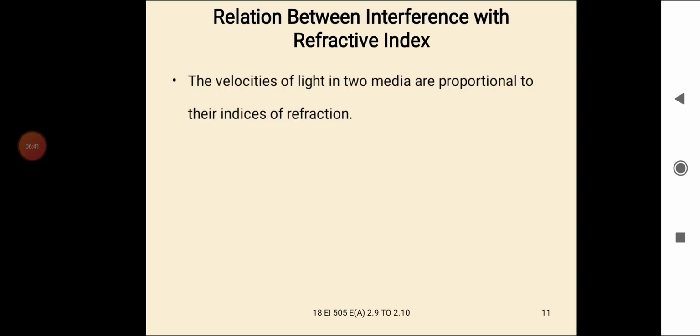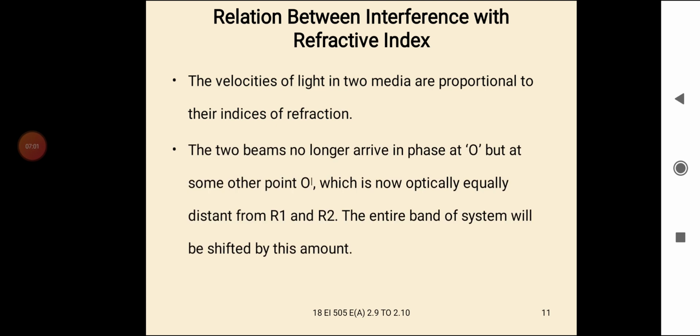Relation between interference and refractive index: the velocity of light in two media is proportional to their indices of refraction. The two beams no longer arrive in phase at O, but at some other point O dash, which is now optically equal distance from R1 and R2.